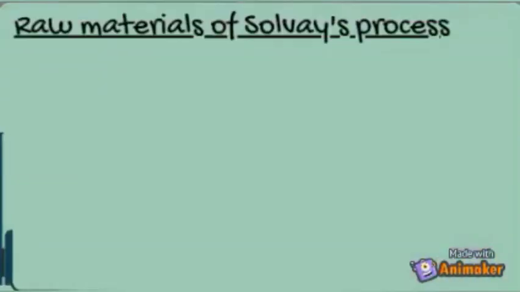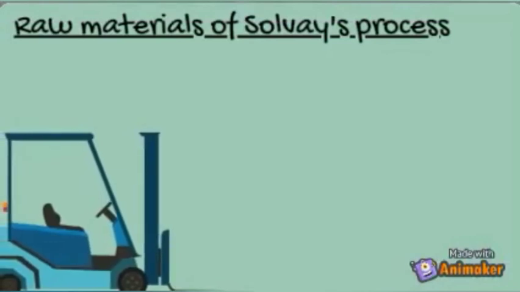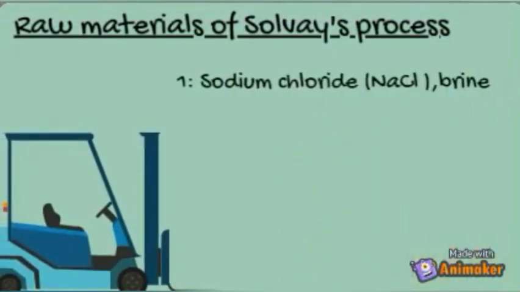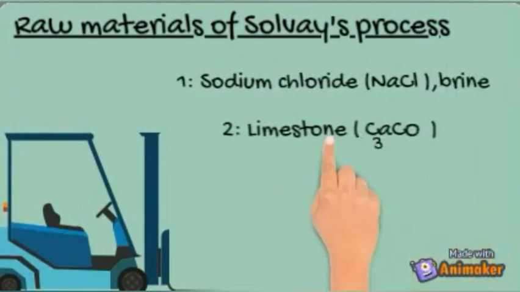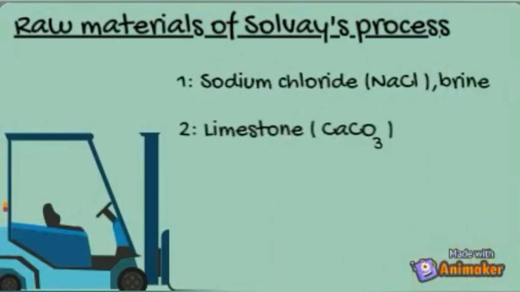The raw materials that we need to start our industry are sodium chloride NaCl or brine, limestone CaCO3, and ammonia NH3. We shall provide all these things to industry to manufacture the required product.